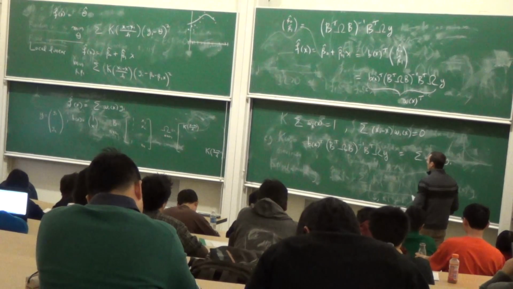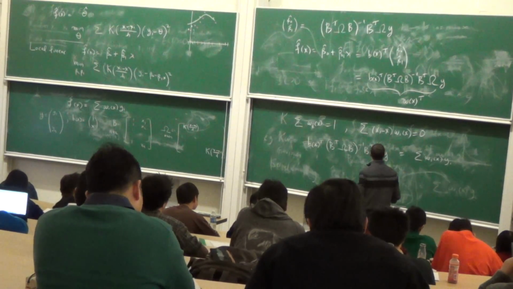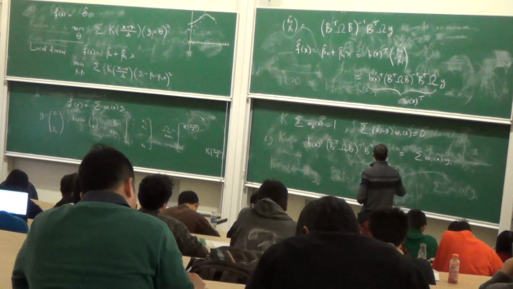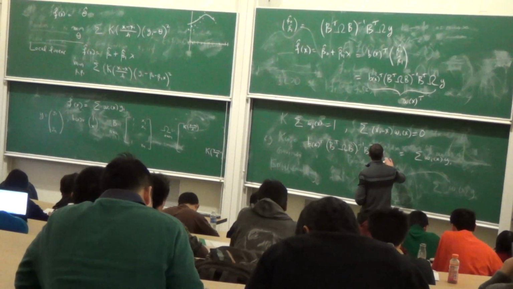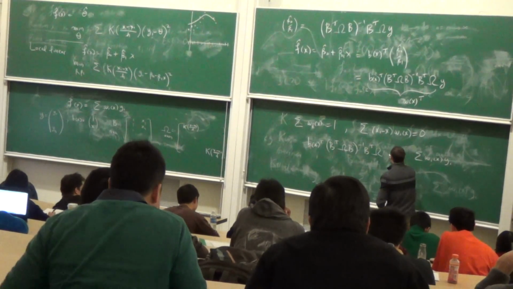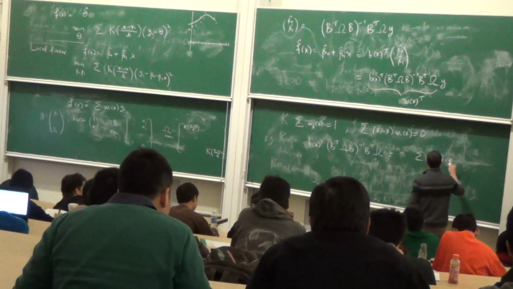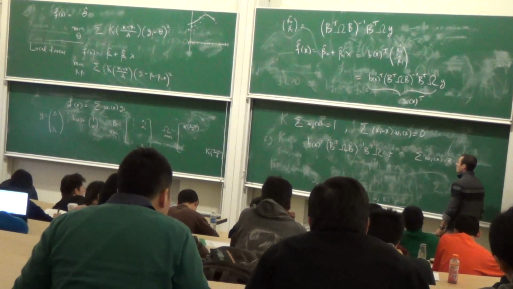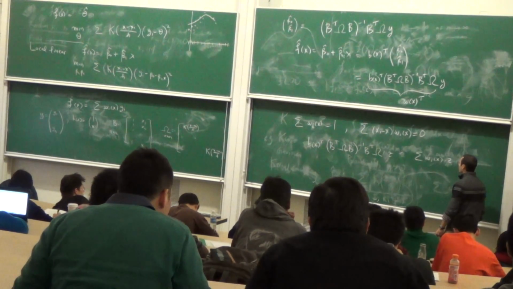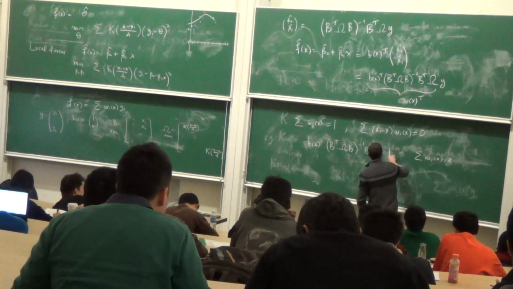Okay, so now I'm going to multiply this. So this is true for any z, right? So I define the b. So I'm going to choose in particular z equals b times the vector.